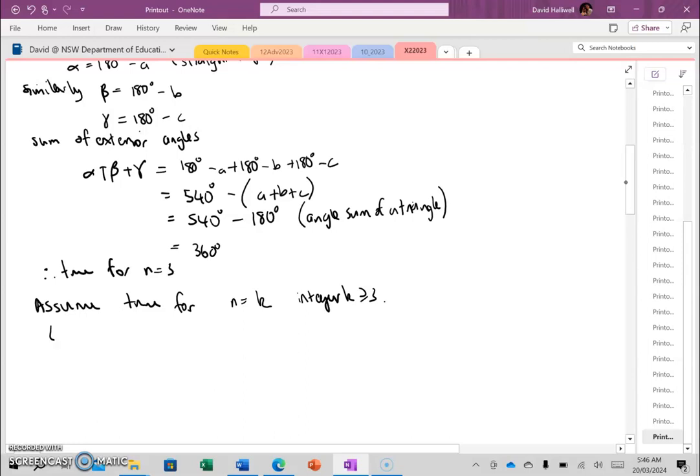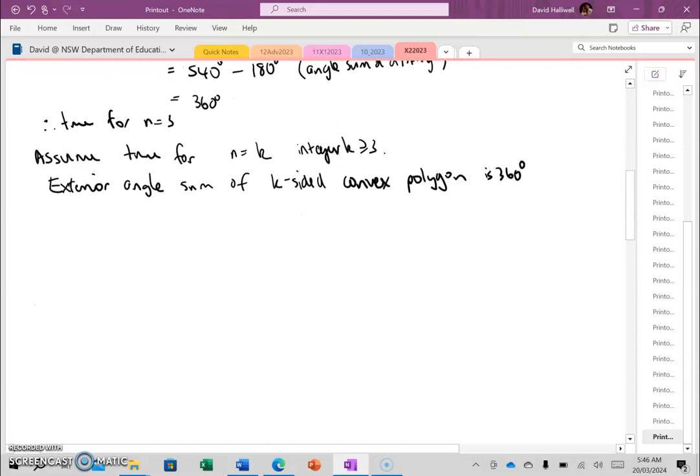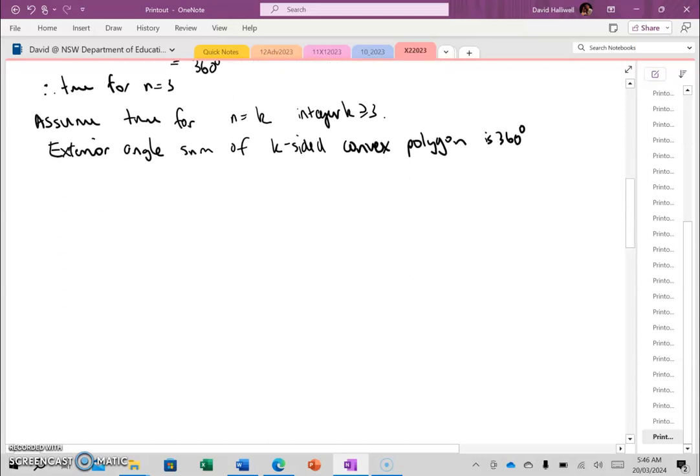I'm just going to write it as a statement that the exterior angle sum of a k-sided convex polygon is 360 degrees. I'm going to add the word convex there because that's in the question. So let's assume true for n equal k.